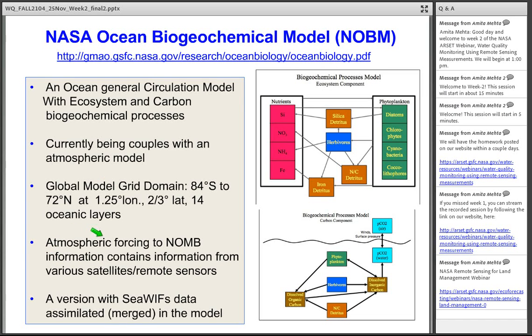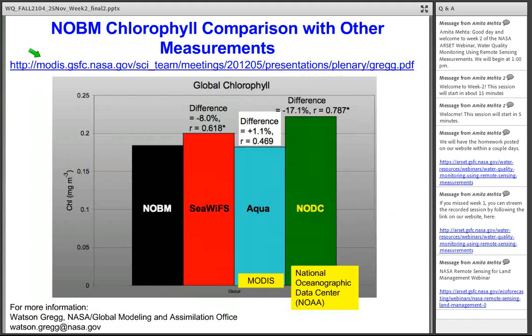The atmospheric forcing uses a number of satellite and remote sensing data. There is a version of this model in which SeaWiFS data are assimilated. So this model provides a number of parameters, and it is available in Giovanni as well, as we will see in a minute. But this is more to understand processes that occur, and then they determine water quality of ocean surface water.